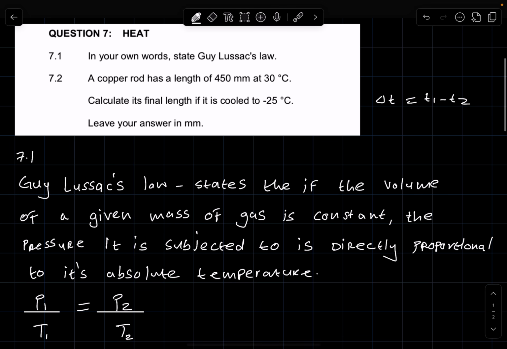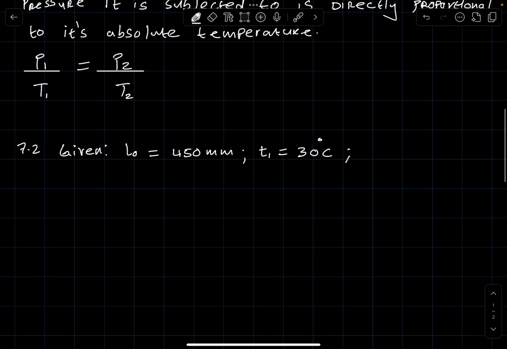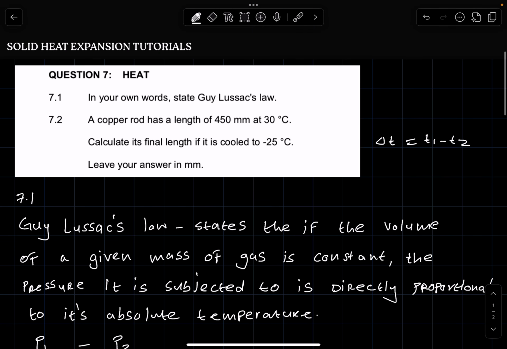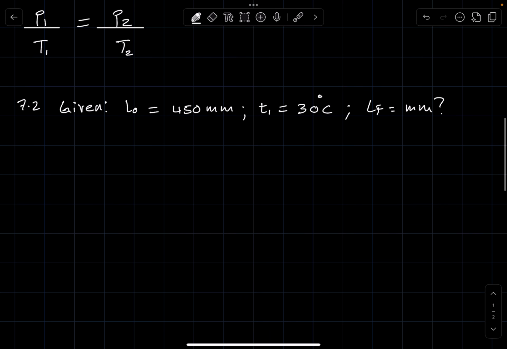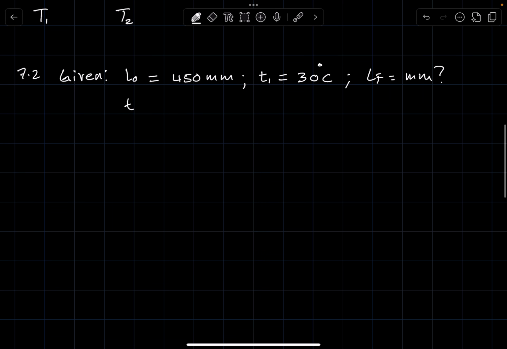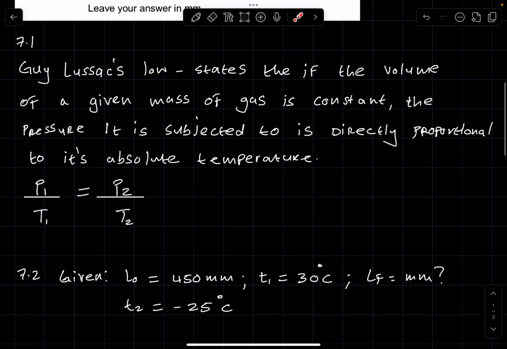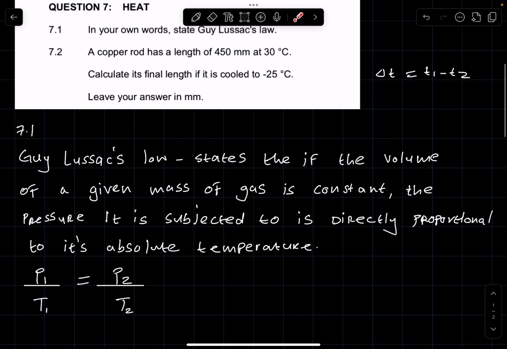All right, and then calculate the final. So they want us to calculate the final length in millimeters if it is cooled to negative 25 degrees. So T2 is negative 25 degrees C. Now we've established that this is losing heat, so it is contracting.